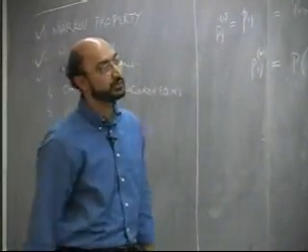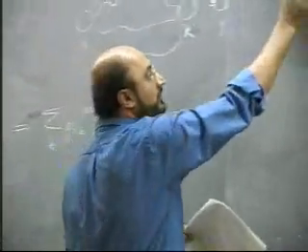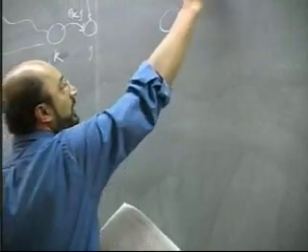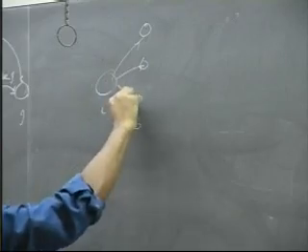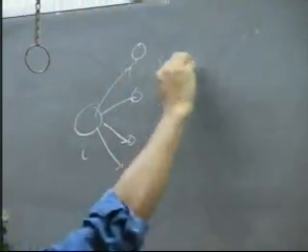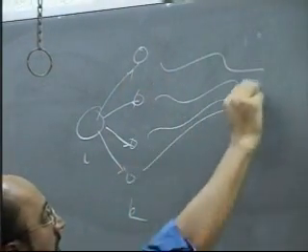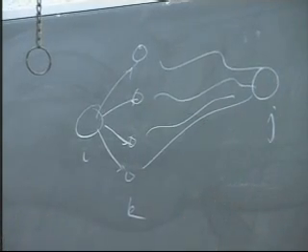And I can write it a different way. I can say I can go from i to one of a set of ks, like this, and then in some path I'm going to get to j. So how would you write this?